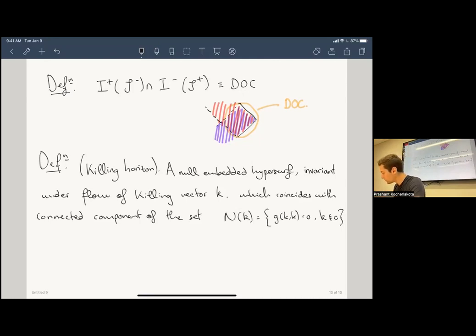So if you move points or subsets of this null hypersurface under the flow of this K, you're not changing the induced metric on that subset.